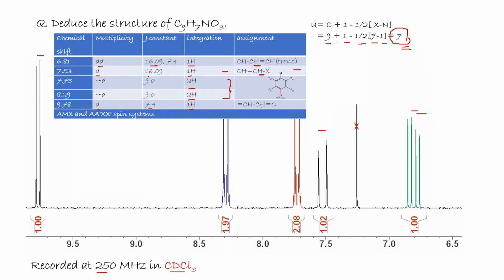This means that we have an aldehydic proton adjacent to an H. And this peak belongs to the CHCl3, traces of undeuterated chloroform.